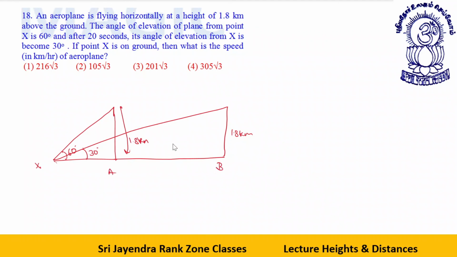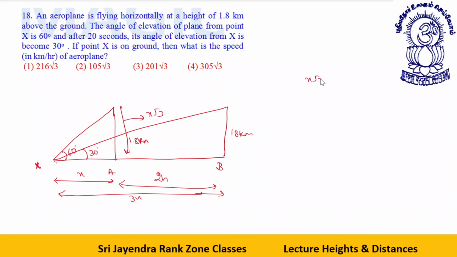So far clear? Now see, if this portion is x, this portion will be 2x, and this will be what? x root 3.